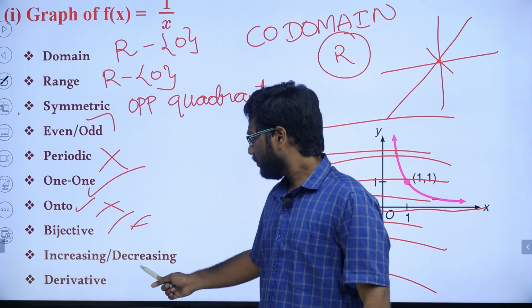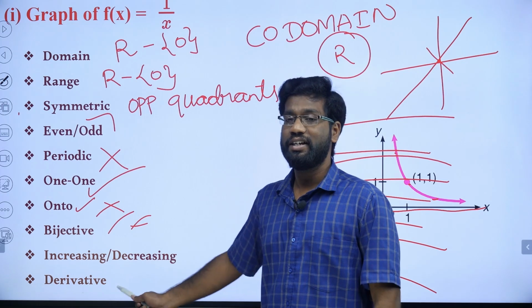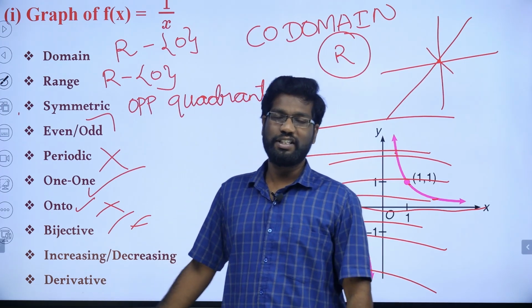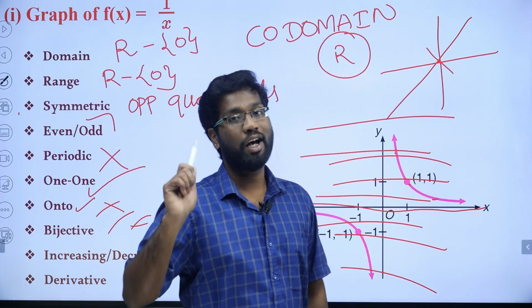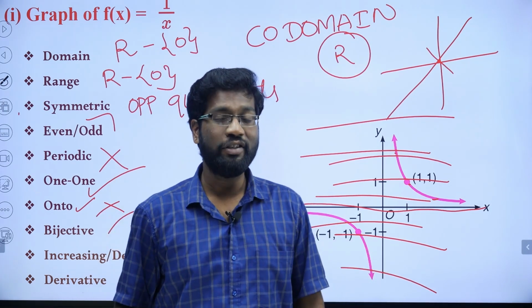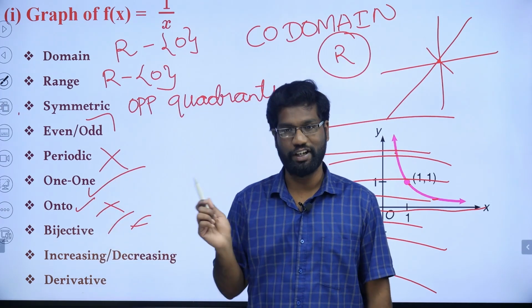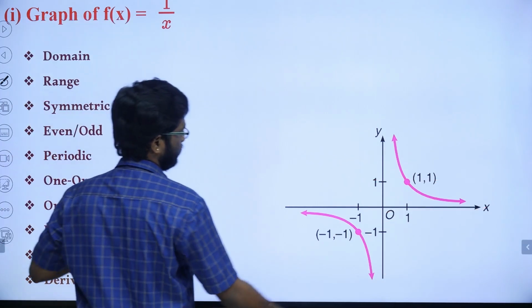Okay, then derivative, my dear students, differentiation and continuity. Already I have said to you, to find the derivative, the differentiation concept means if the graph is smooth and continuous throughout, then we can say this function is differentiable everywhere. But here this is discontinuous, my dear students.